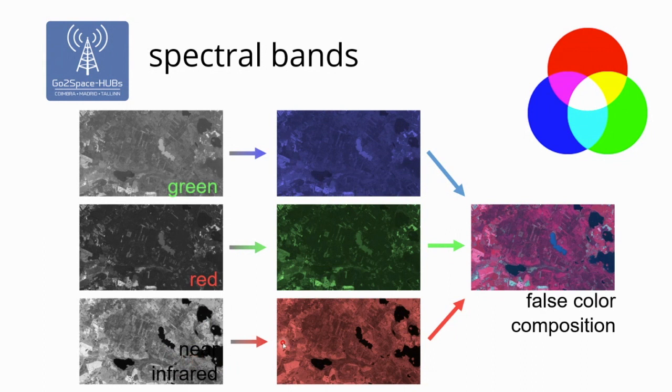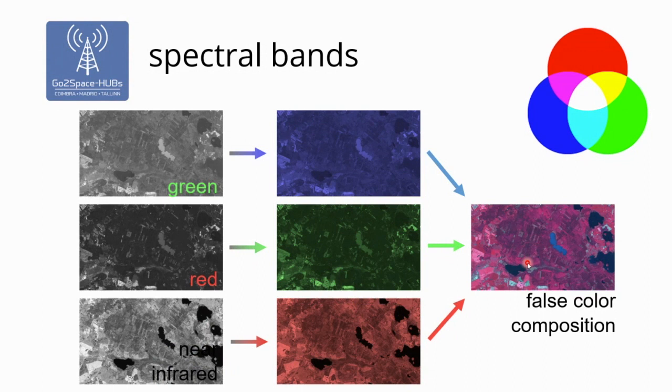Usually we do it this way: we put near infrared through red component, red filter, and red through green, and green through blue. So we create something called false color composition. Well, definitely false, they're not true, or color infrared composition.